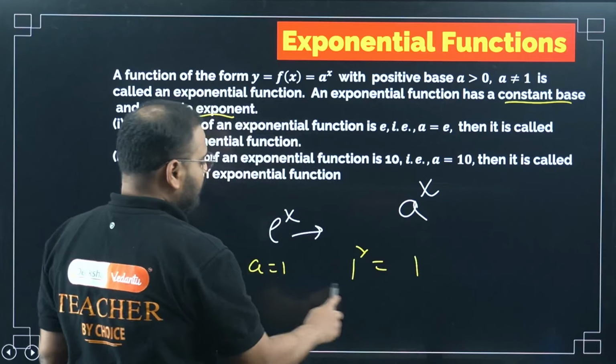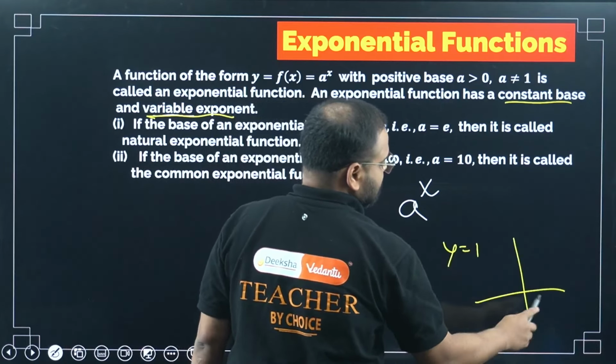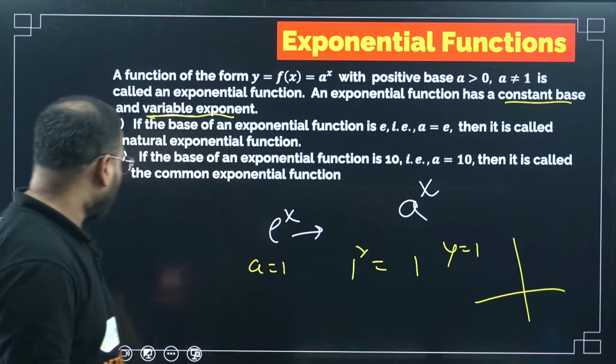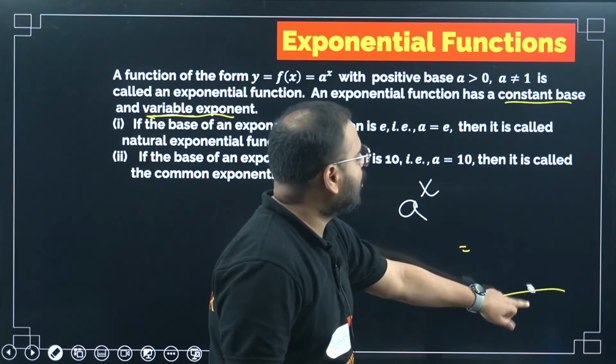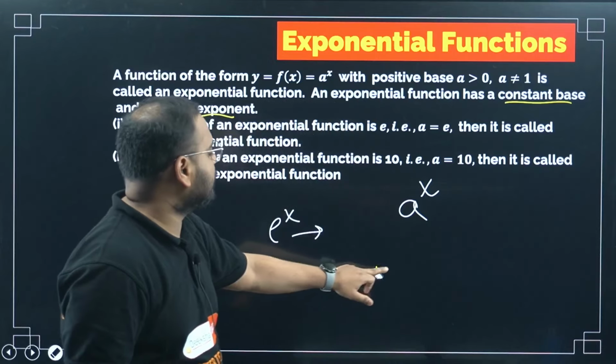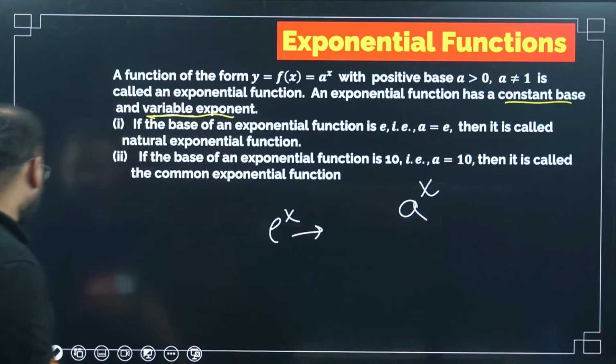Y equals 1 is a straight line parallel to the x-axis, so we cannot take that. It's not relevant to our concept.